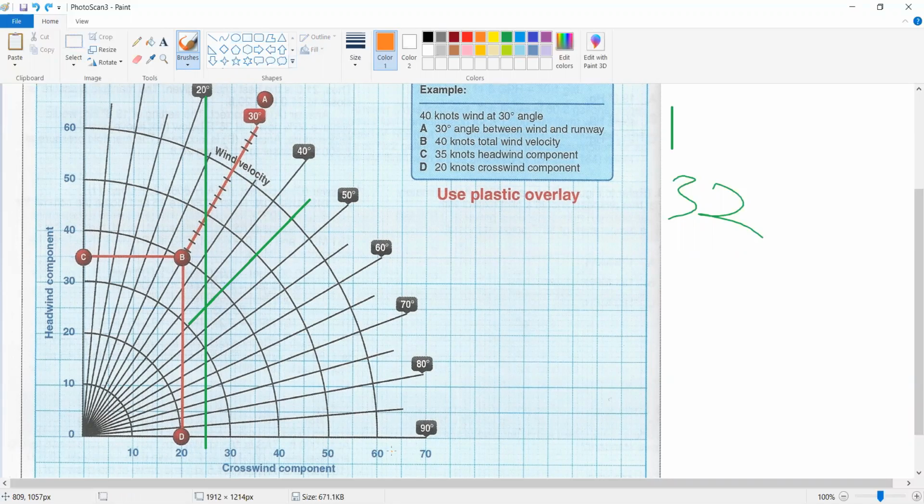So if we were to draw an arc between these, it would come out to 35. So the answer is 35 knots. That's the wind velocity. All right, so that answers that.